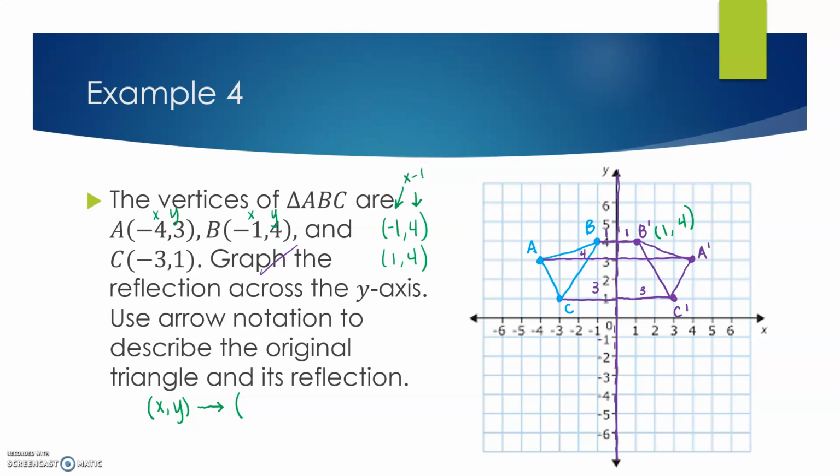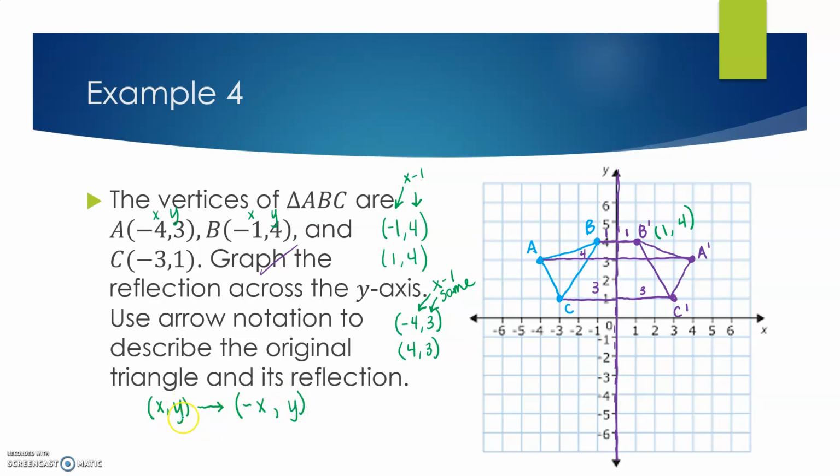Let me check this with something else and see if it works. Let's check with A. A was at (-4, 3), and A prime is at (4, 3). Did that rule hold? Y stayed the same, and for x, I just have to multiply by -1. That makes sense. So my rule is going to be (-x, y).